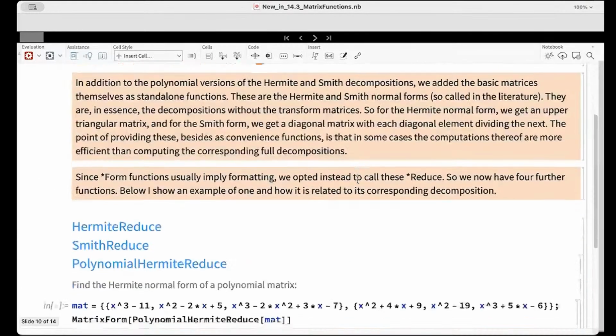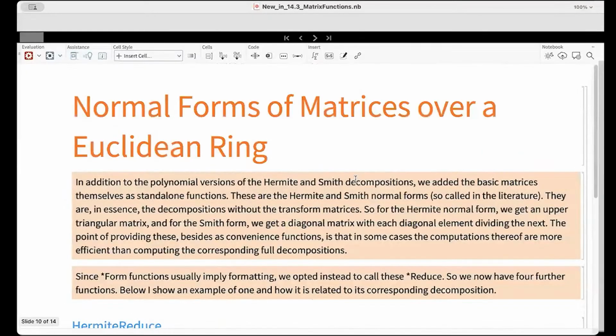Okay, we have made some convenience functions because sometimes people don't want the decomposition. They just want what's called the normal form. So there's the Hermite normal form, the Smith normal form, etc. And sometimes it's even cheaper to compute when you're just computing the normal form and not also having to compute those transformation matrices.